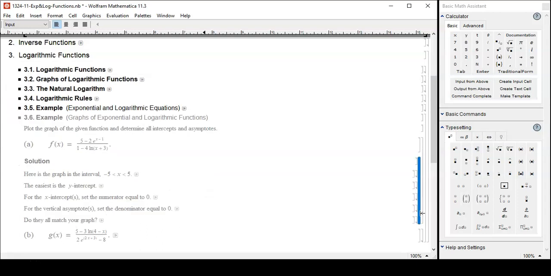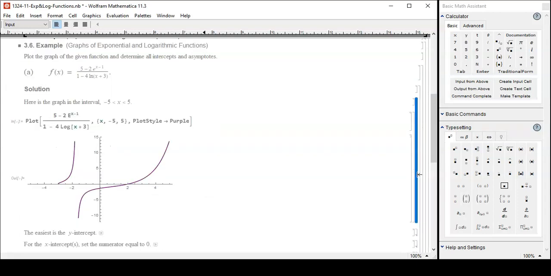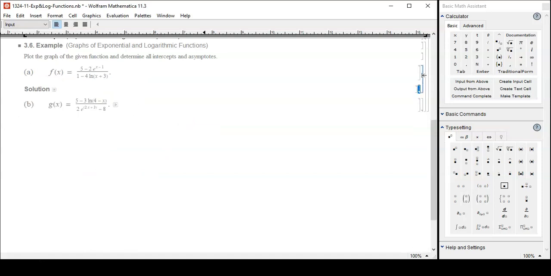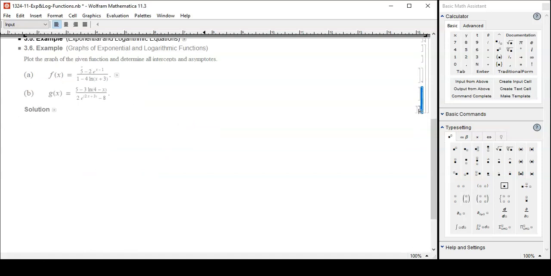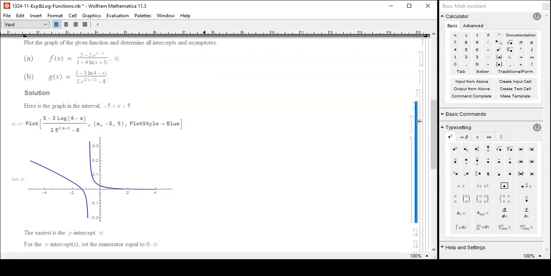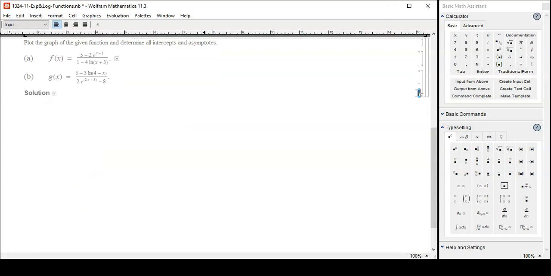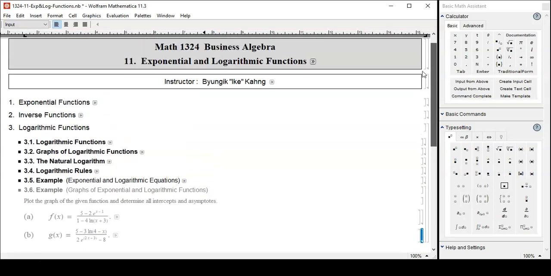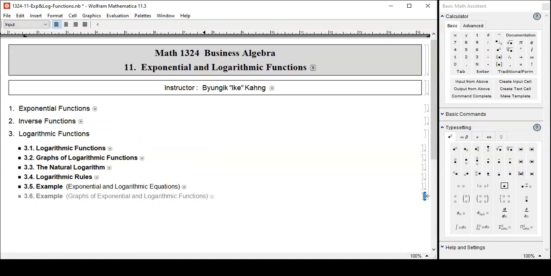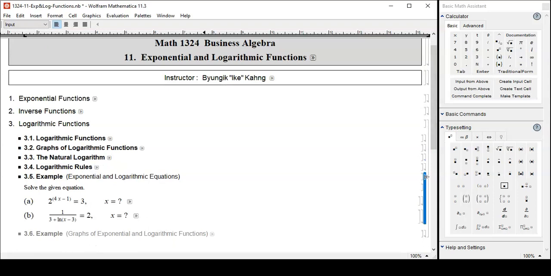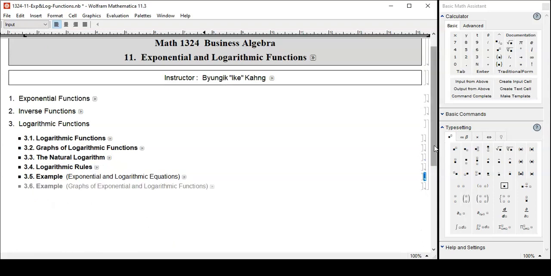Let me show you some graphs. Oh, yeah. Even the graphs are really intimidating. Oh, no. So, let's not worry about the final example. That means we don't have a lot of examples.